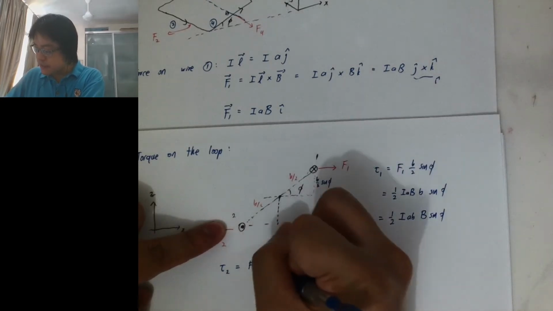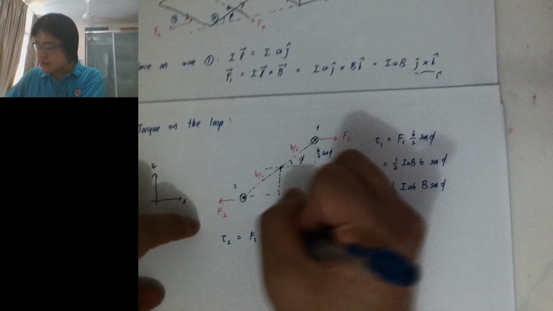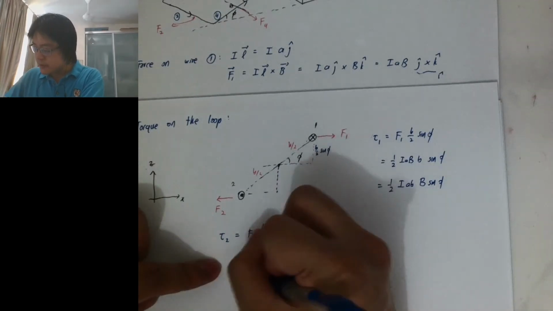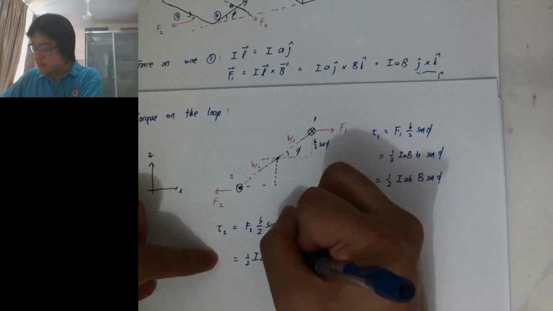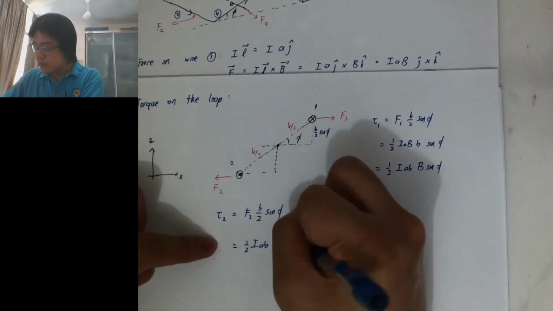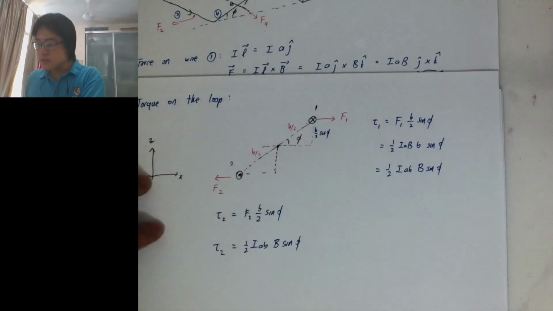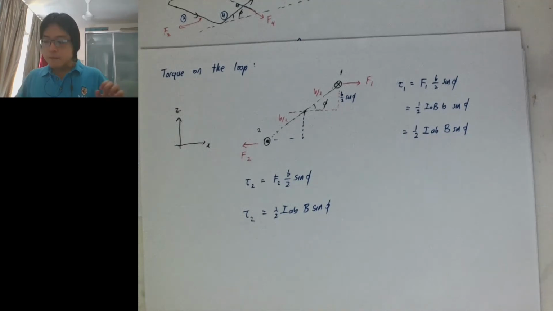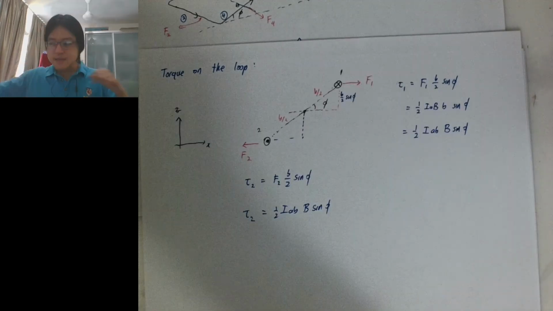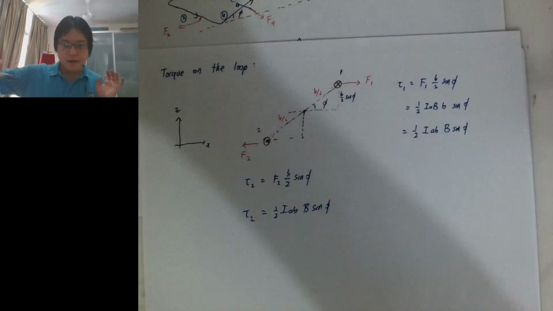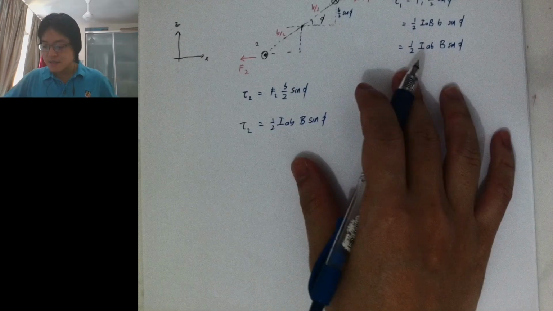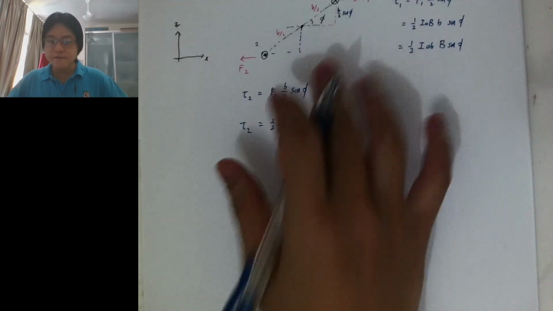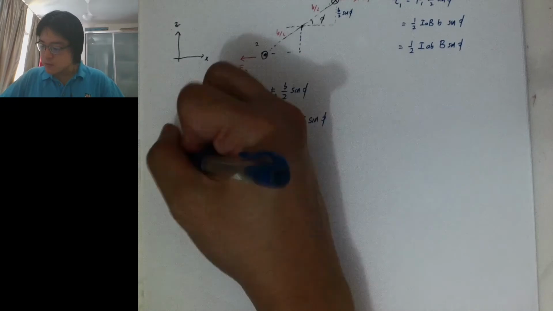The perpendicular distance is also b half sine phi, and it seems like they are the same, so it's half IAB and then b sine phi, right? So this is torque number 2. Both are exerting a clockwise torque acting on the loop.